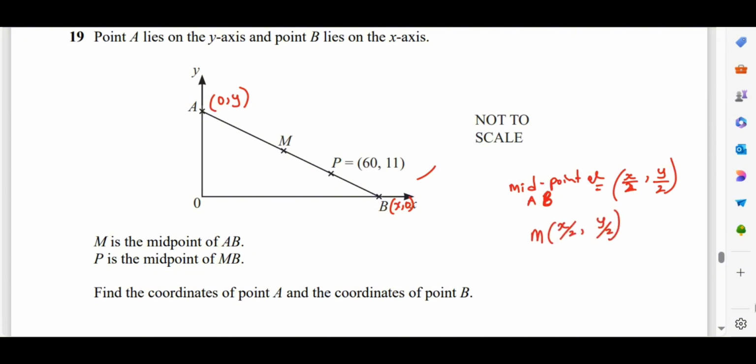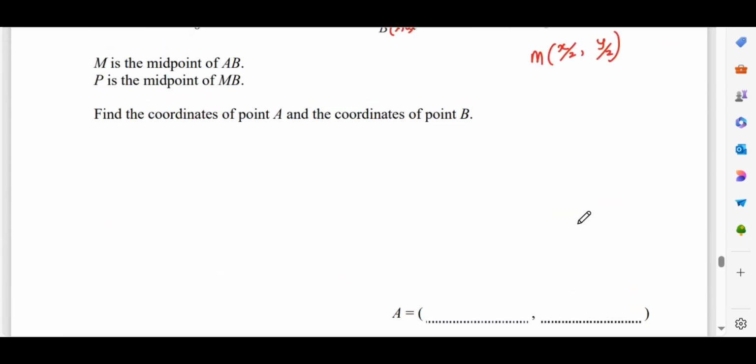Now, we are going to look at the coordinates of M and B. Remember, B is (x, 0), and M, we have established, is (x over 2, y over 2). So we're going to find the midpoint of these two.